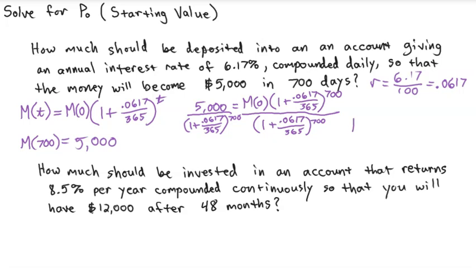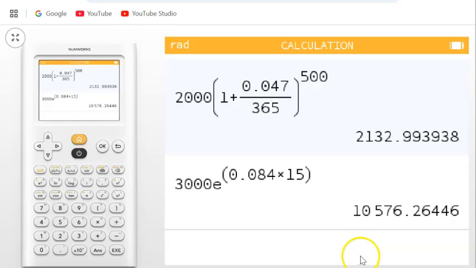Okay, so let's go ahead and calculate that in a calculator. We'll do m sub 0 is equal to, and we'll key this into the calculator. Okay. All right, let's look at that again.